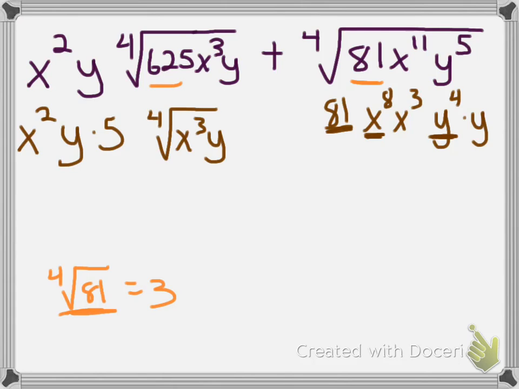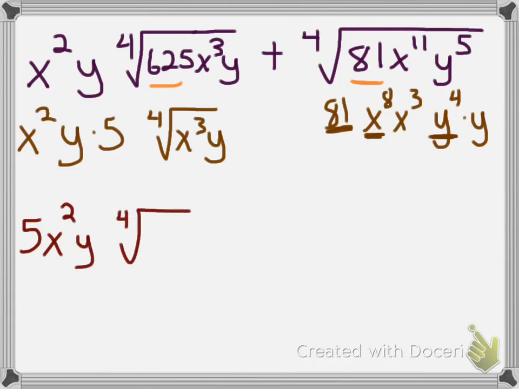So when we simplify this out, I'm going to give myself some more room here on the bottom. Alright, so I'm just going to rewrite this one, 5x squared y, fourth root of x cubed y, plus. Now the fourth root of 81 gave me 3. The fourth root of x to the 8th gave me x squared. The fourth root of y to the 4th gave me y.